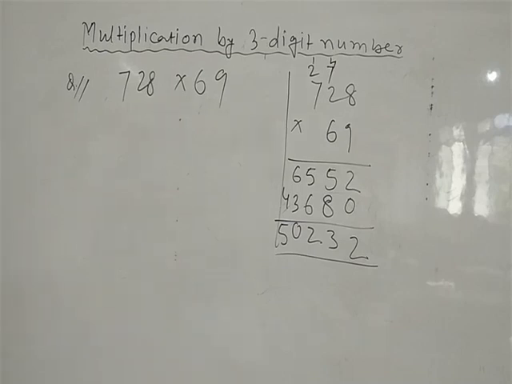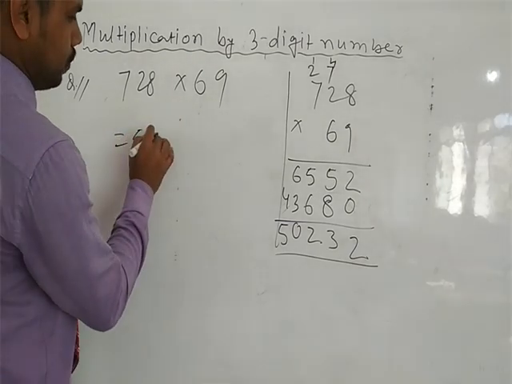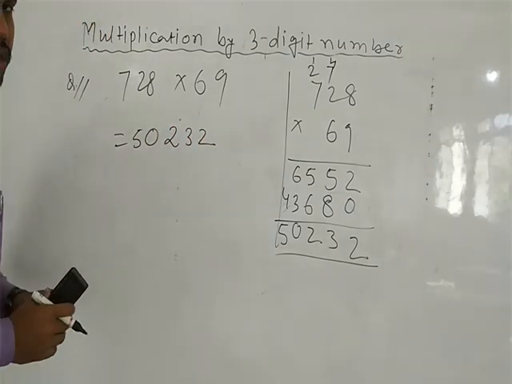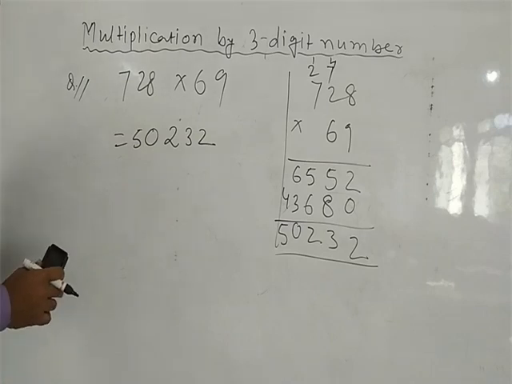So this is how it will be, 50,232. This is how you can do the rest of all multiplications of exercise 3.2 by yourself.